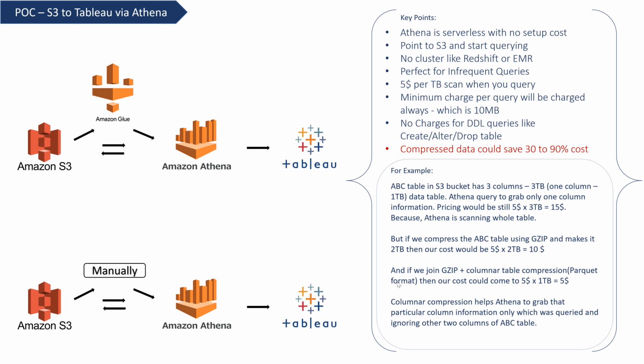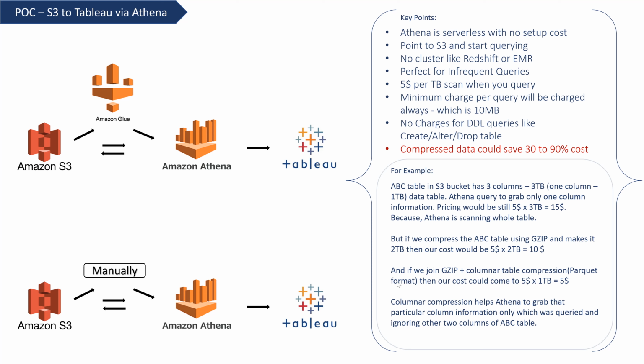But say the Athena query grabs only one column of information, for example, select employees from table ABC. It will still check the whole table. So Athena is still scanning the whole table, which is 3 TB. So the cost would still be $5 times 3 TB, which will be $15.